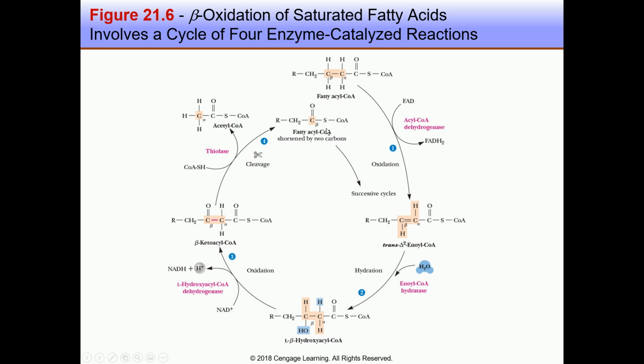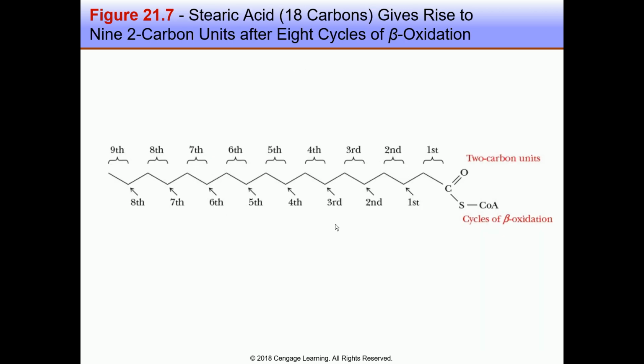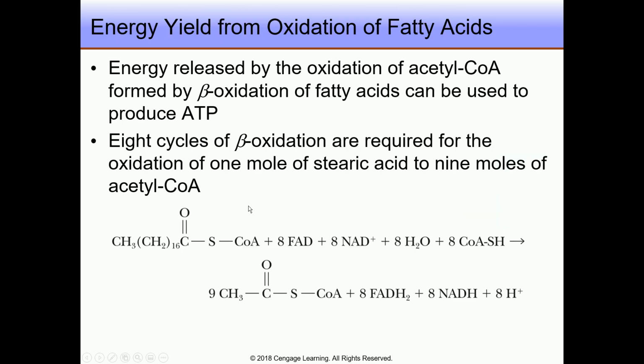So in the beta oxidation, in every cycle of these four reactions, two carbons will be removed. So stearic acid, which has 18 carbons, gives rise to 9 two-carbon units after 8 cycles of beta oxidation. Okay.